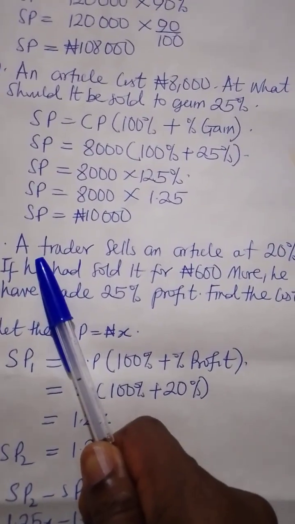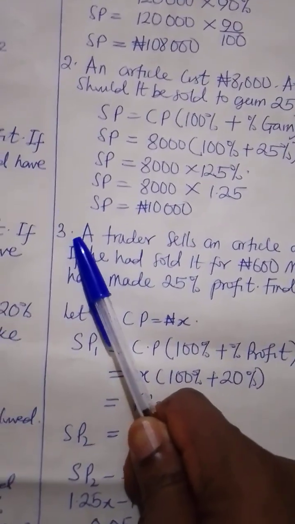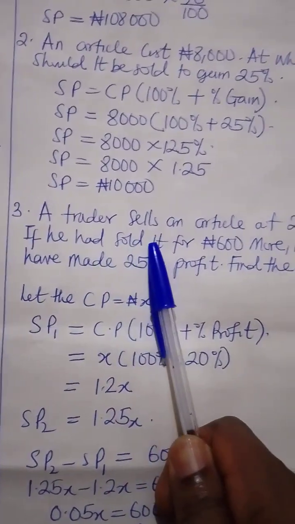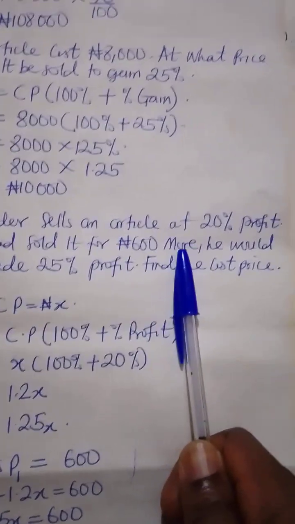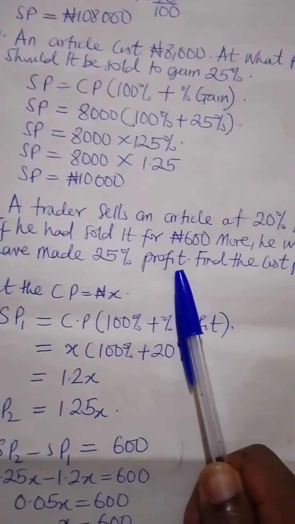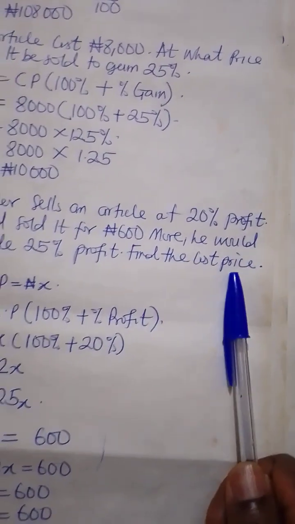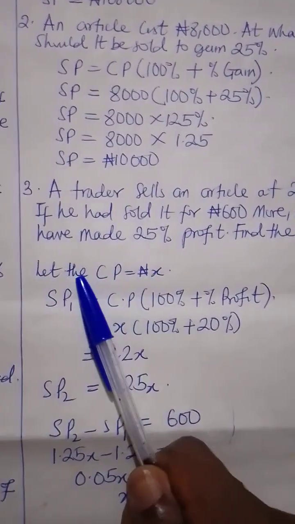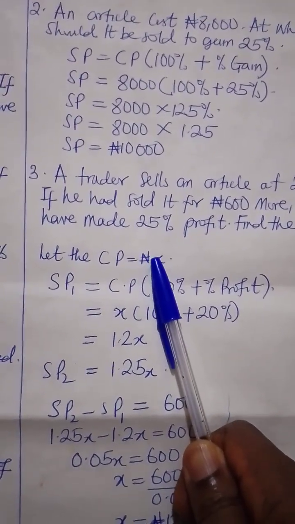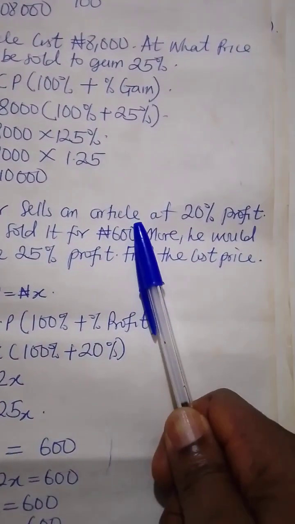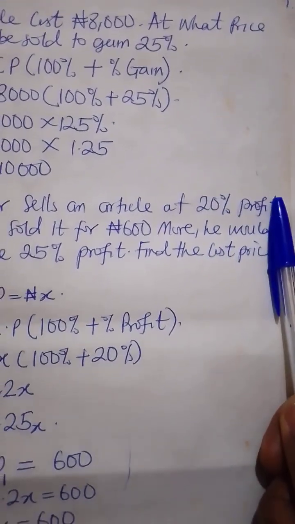A trader sells, that's question number 3 now. A trader sells an article at 20% profit. If he had sold it for 600 naira more, he would have made 25% profit. Find the cost price. We're not given the cost price, so let the cost price be X. So if you look at the question, it says a trader sells an article at 20% profit.